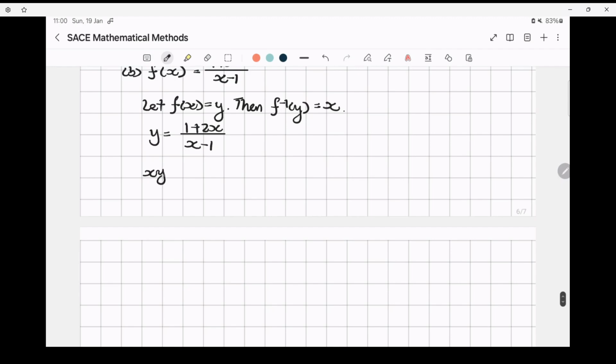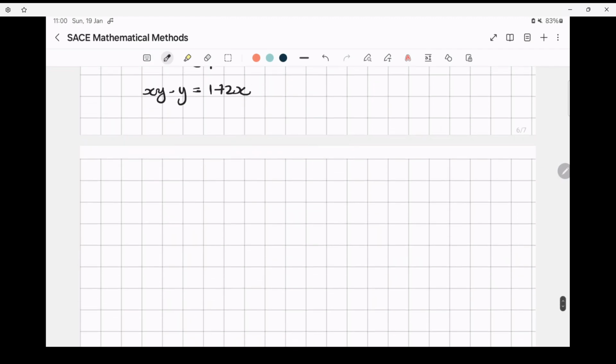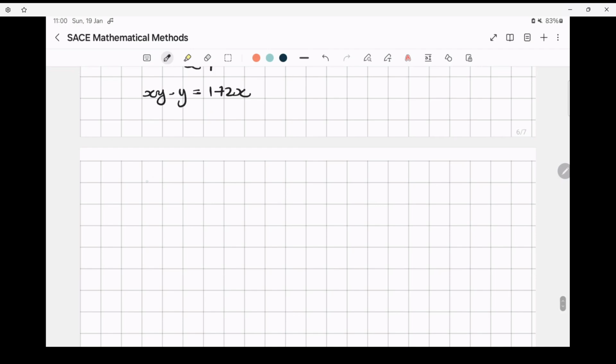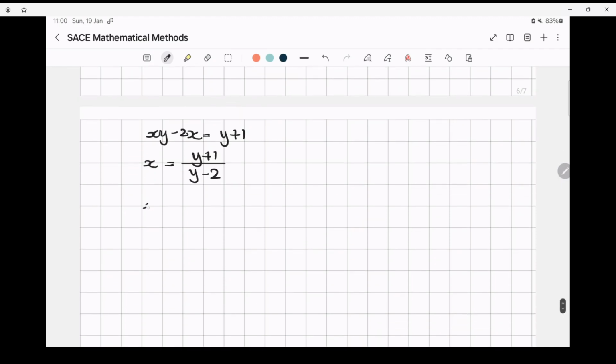So xy minus y equals 1 plus 2x. Then xy minus 2x equals y plus 1. So factor out your x, and you have x equals (y plus 1) divided by (y minus 2). Therefore, your f inverse will be (x plus 1) over (x minus 2).